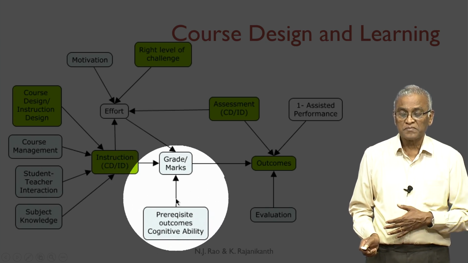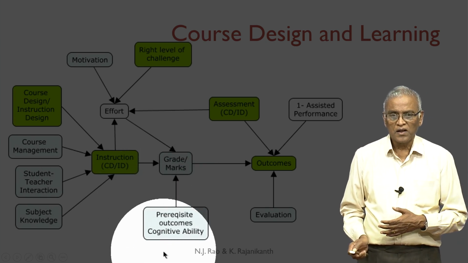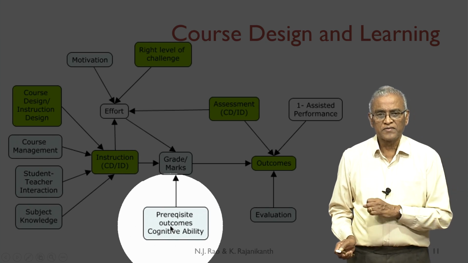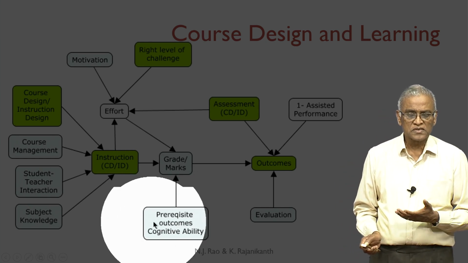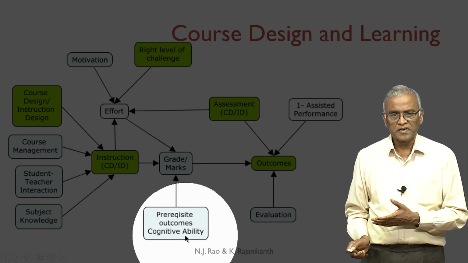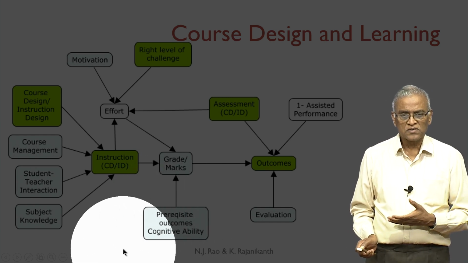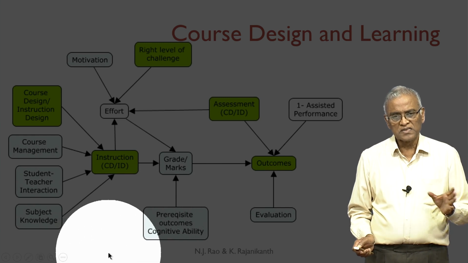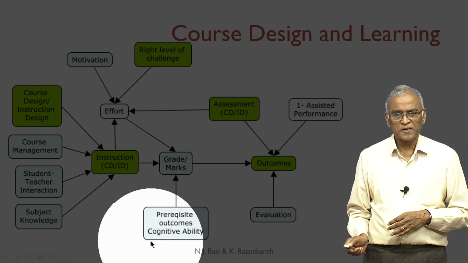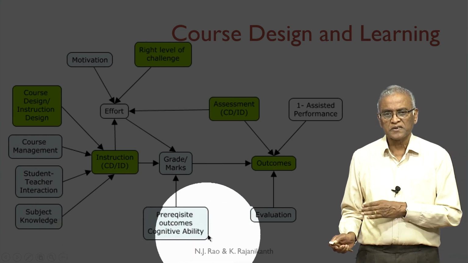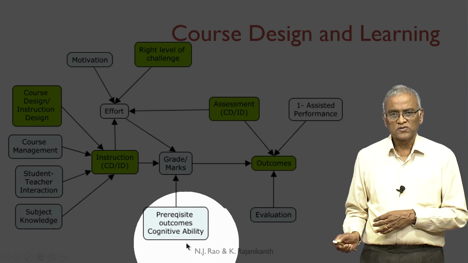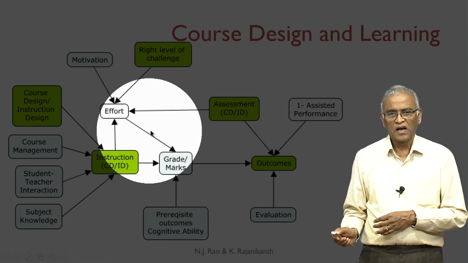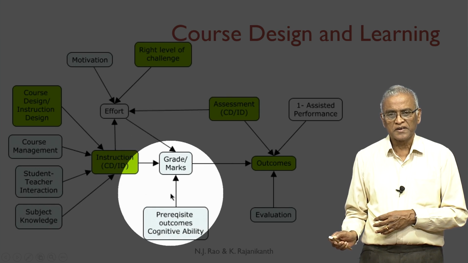I may be intelligent, but I have not mastered it. And also the cognitive ability of the student. Obviously some students have better cognitive ability, some do not. Actually, if you take our engineering colleges across the country, you will have a very wide spectrum of cognitive ability. So these also will decide how many marks and grades you get.